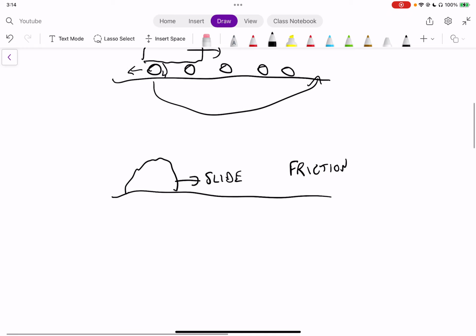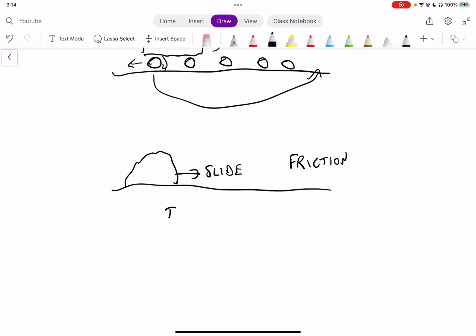Okay, and so what we can write as a summary is that the main load in bearings is transferred in what we call rolling contact.